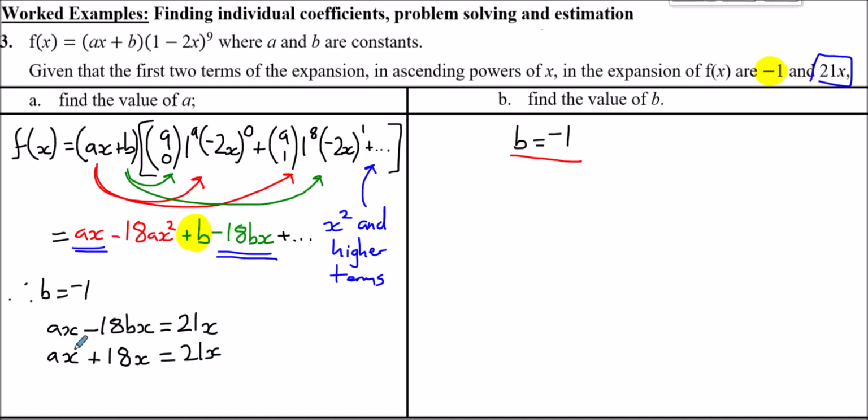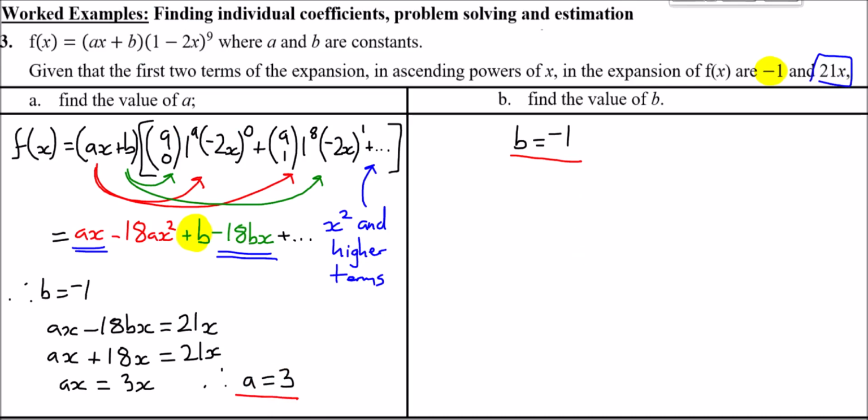So if we subtract 18x on both sides, we see that ax equals 3x, then divide through by x, we see that therefore a has to have a value equal to 3. And so ultimately for this question, a is 3 and b is -1.